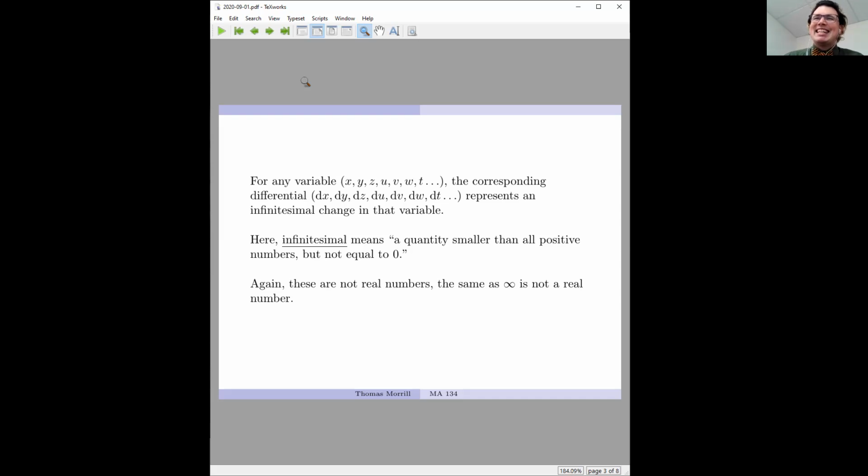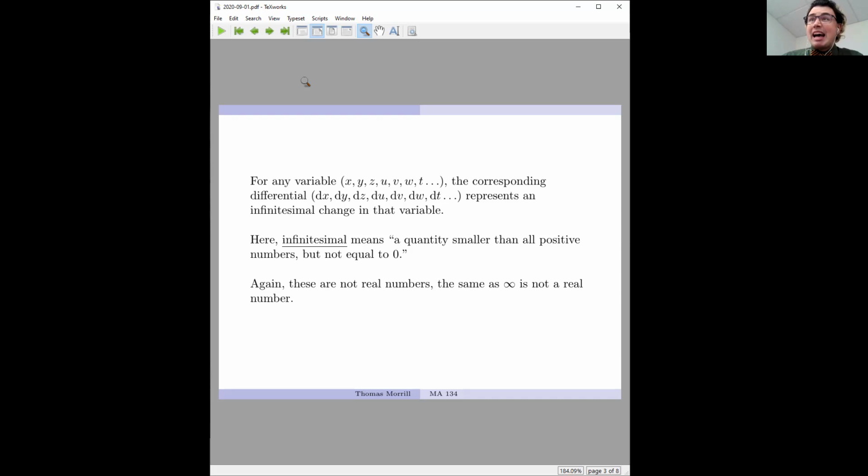So this is what infinitesimal means, the way that infinity means larger than all real numbers. And that's not a real number, right? You can't be larger than everything if you are included in the everything that you're supposed to be larger than. Don't think about it too hard. Infinitesimal in a technical sense means it is a quantity that is smaller than all positive numbers, but not equal to 0.